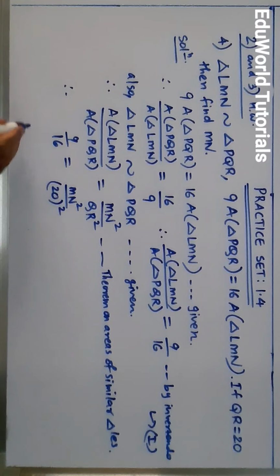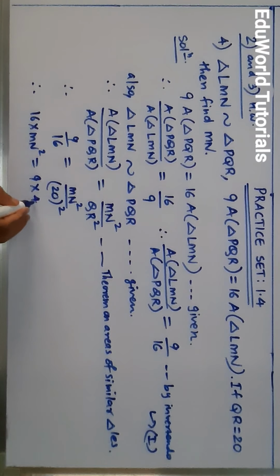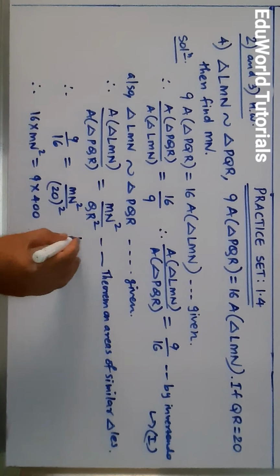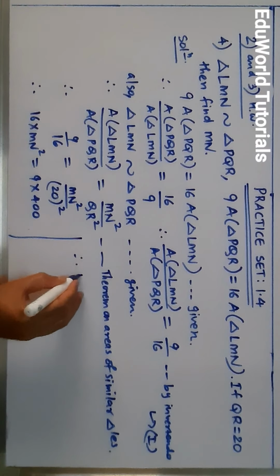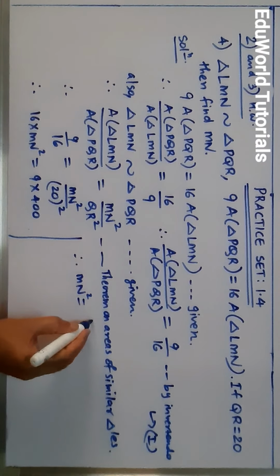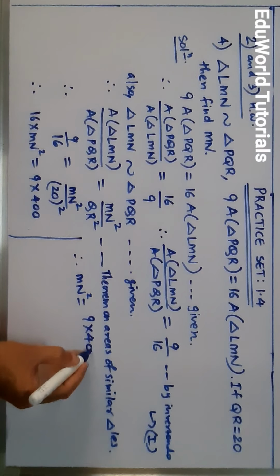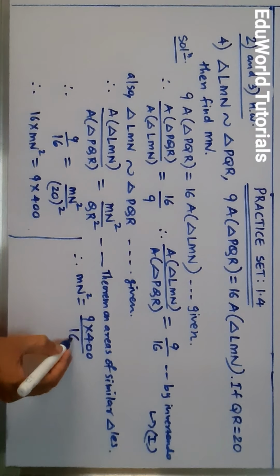Finally, what I will get is 16 multiplied by MN square is equal to 9 multiplied by 400, on cross multiplying. 20 square is 400. So MN squared is equal to 9 into 400 upon 16.